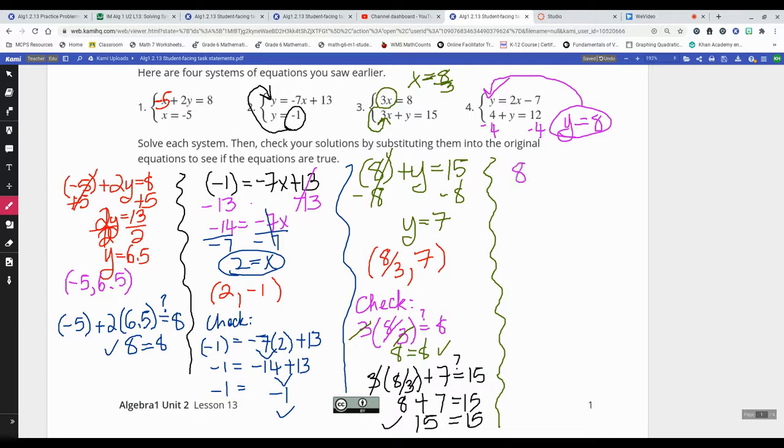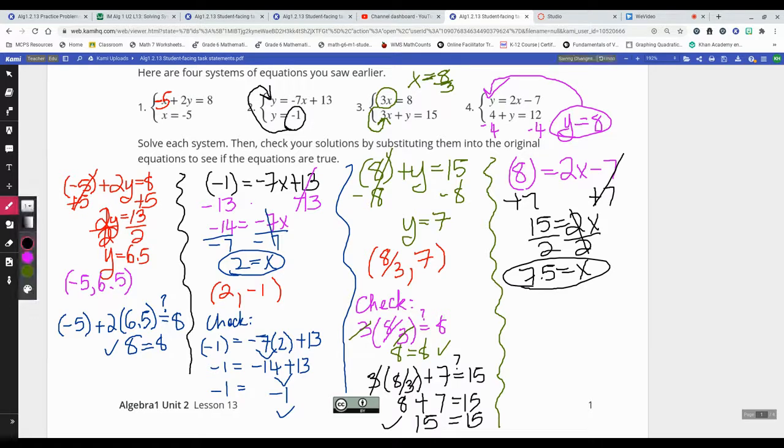So I'm left with 8 equals 2x minus 7. Okay. So add 7, 2x equals 15, divide by 2, x equals 7.5.